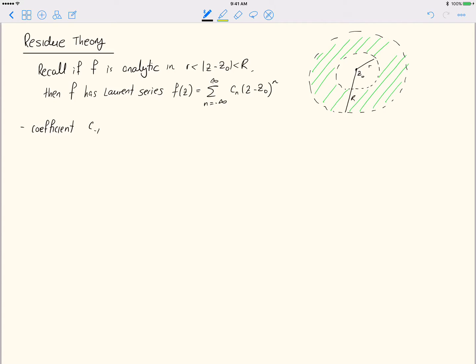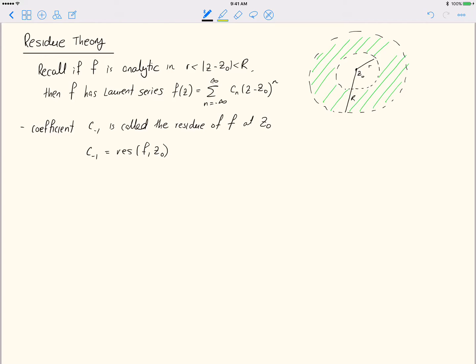That number is called the residue of f at z0. So find the Laurent series of f at z0, take the coefficient of 1 over z minus z0, and that's the residue of f at z0. And we write the shorthand notation for this as c of minus 1 equals res f comma z0.